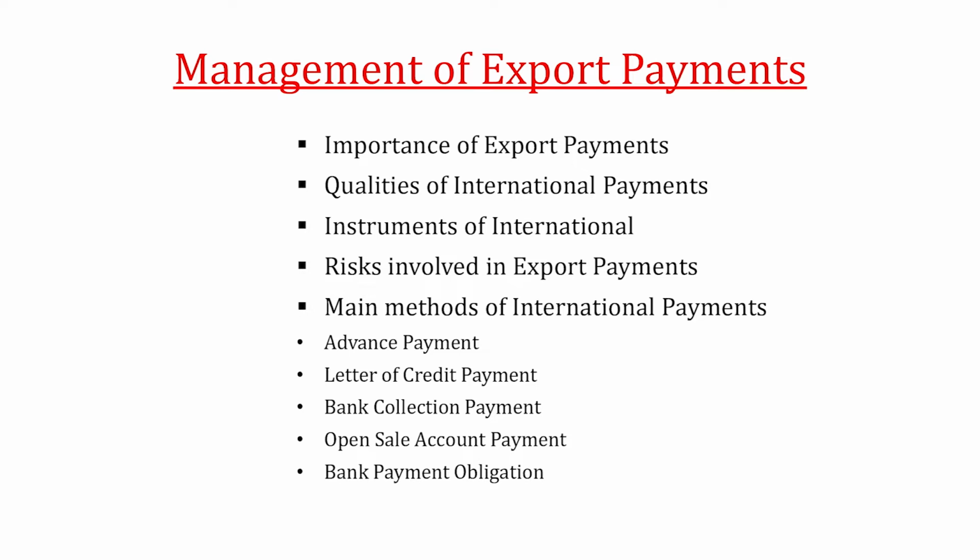And there are various instruments used for receiving the international payment. For example, you can receive payment by check, draft, and similar instruments. But as an exporter, you must ensure that you receive payment through SWIFT.